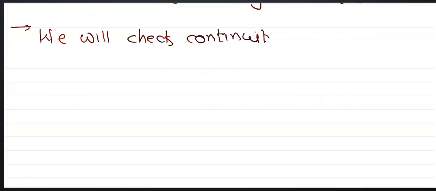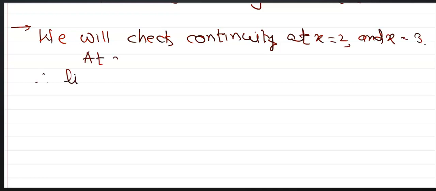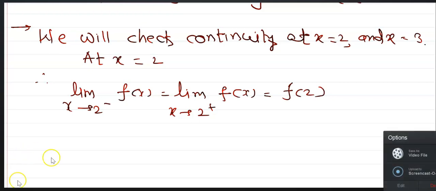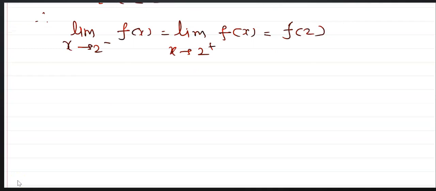Now we will check the continuity at x equals 2 and x equals 3. At x equals 2, we'll find the left and right limit and the value of the function. This is important: left limit is equal to the right limit is equal to the value of the function. The given function breaks at 2 and 3, meaning it changes. Now f of x is equal to ax square minus bx plus 3.